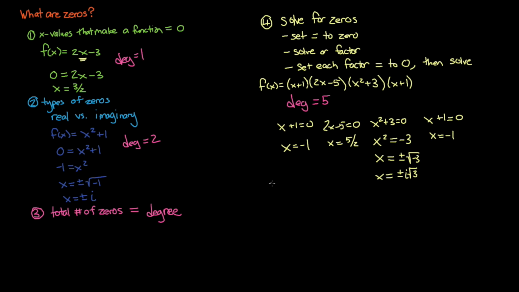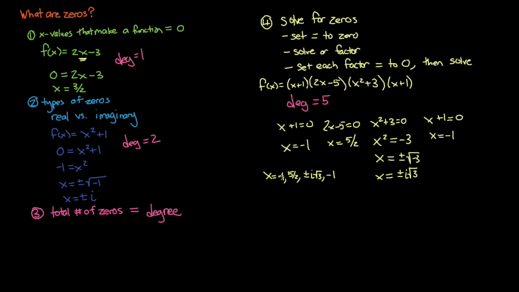Let's list them out. So x equals negative 1, 5 halves, plus or minus i root 3, and negative 1. Notice, well, first of all, let's count. Make sure we have 5. So here's 1, 2. This one counts for 2, so that's 3, 4, 5. We have our five zeros.